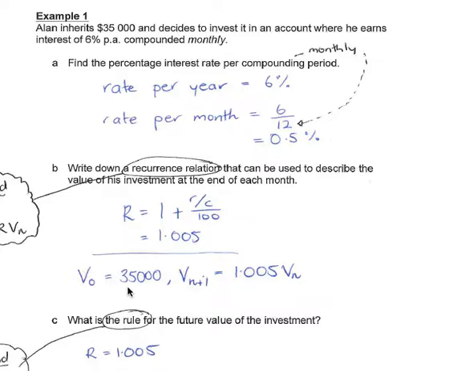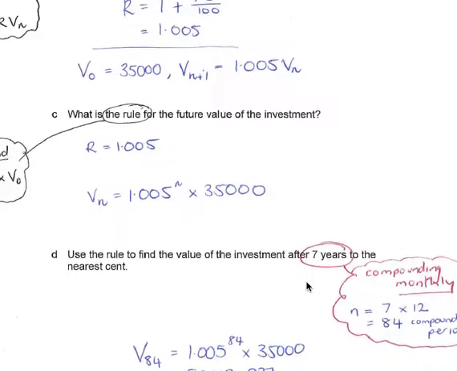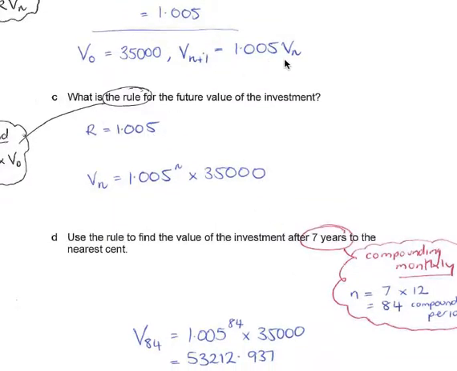So we've got 35,000 as our initial value, and the recurrence relation is V(n+1) equals 1.005 Vn. Now the rule: we use the same R value to the power of n, times 35,000. The recurrence relation has its starting value, while your general rule will have the value within the equation.